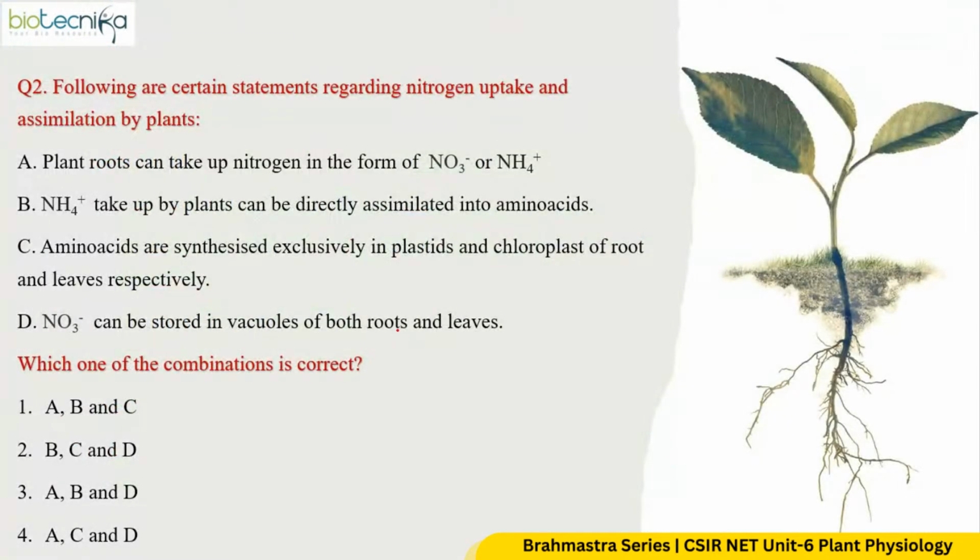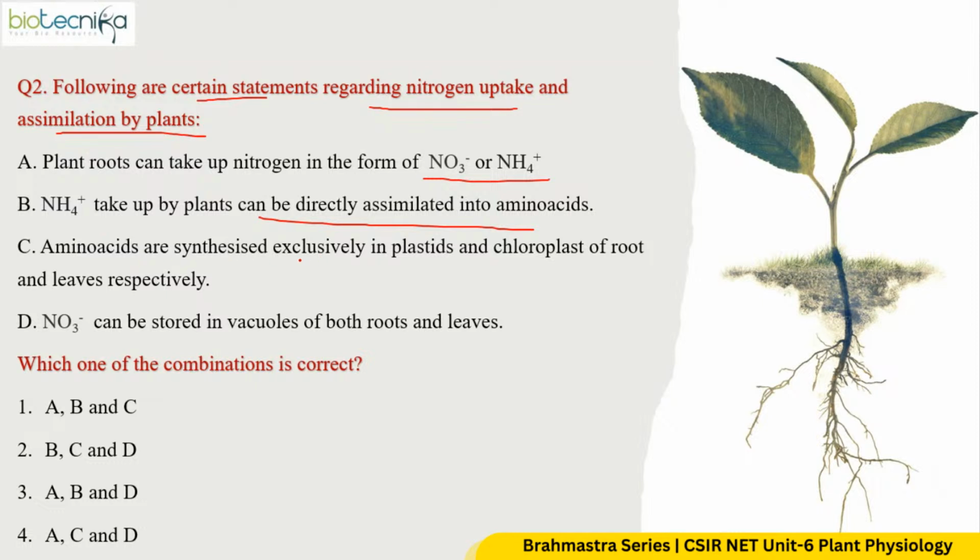Let's have a look into our second question. Following are certain statements regarding nitrogen uptake and assimilation by plants. Plant roots take up nitrogen in the form of nitrate or ammonia. Ammonia taken up by plants can be directly assimilated into amino acid.